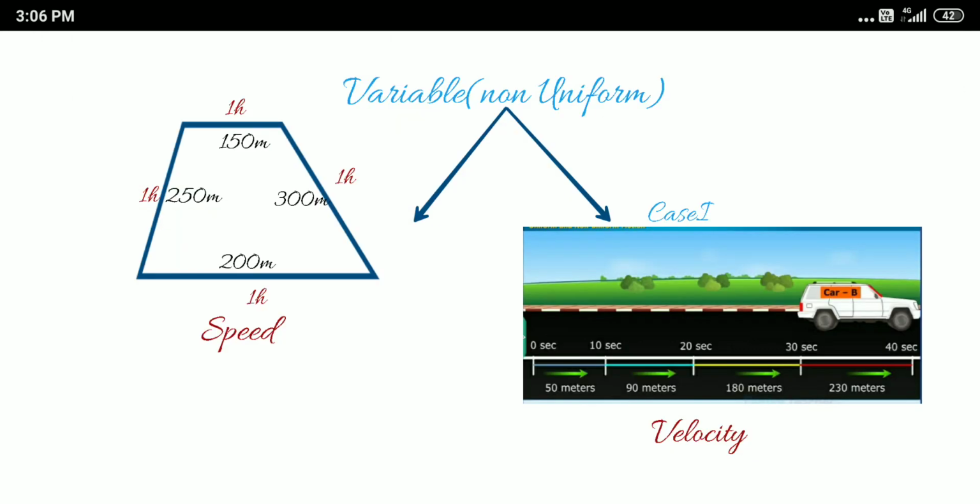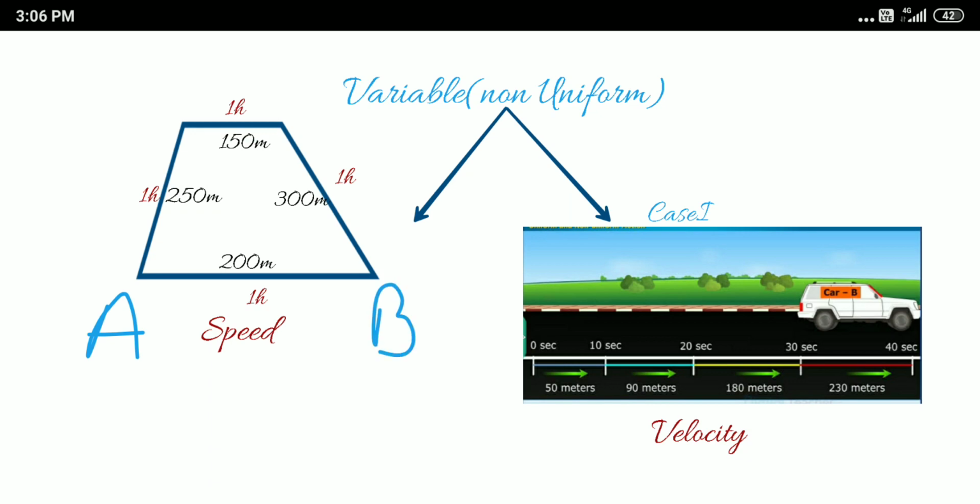Now we will define variable speed or variable velocity. Variable is also called non-uniform. So see, first we will describe speed. I have drawn one more picture over here, and we are observing different cross sections.